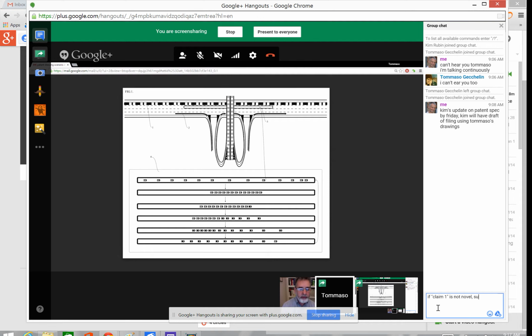They have no legal value. So what that means is that adding obvious limitations to higher numbered claims essentially has no value. So it's worth discussing some of them in the specification, but it's not worth sticking them in claims if they're essentially obvious extensions.